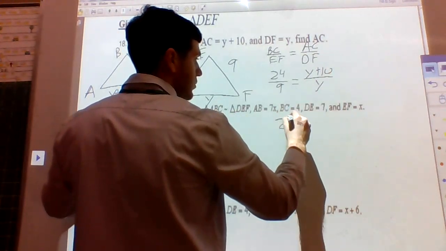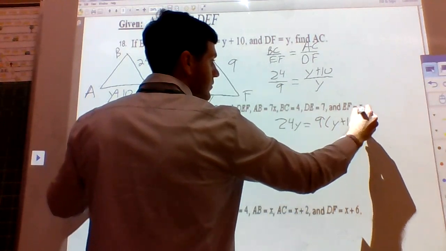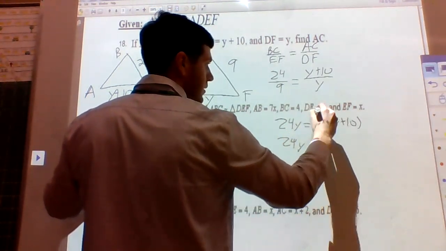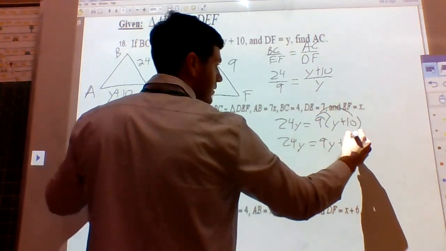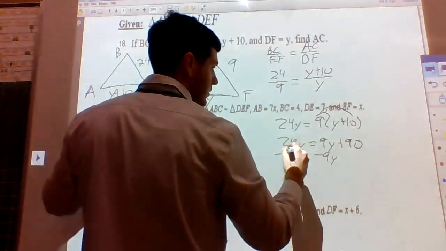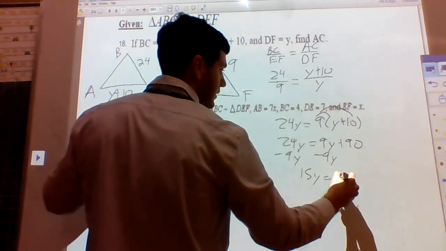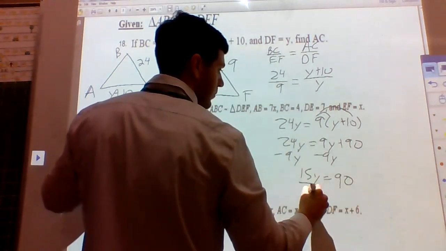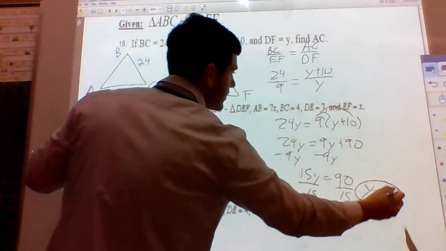Cross multiply, we'll get 24y. We'll get 9 times the quantity y plus 10. We have to distribute the 9. So it's going to be 9y plus 90. Subtract 9y. We get 15y equals 90. Divide by 15, and we get y equals 6.